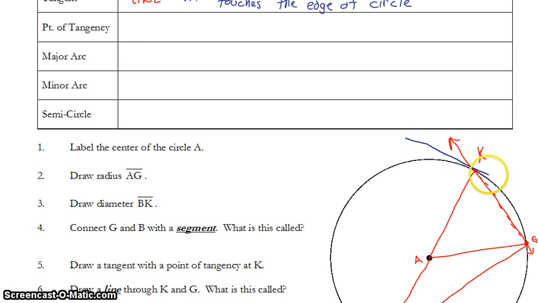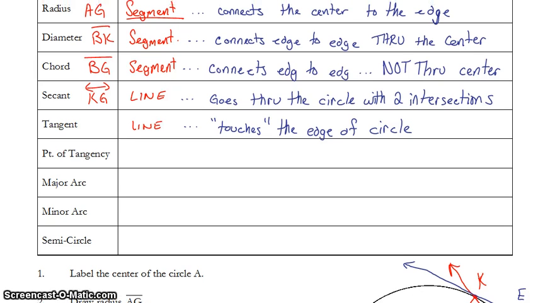At K, it touches the edge, and it keeps going past, never into the interior. Now, in order to name a line, if we remember from Unit 1, I need another point. So I'm going to arbitrarily add a point E here. And I can now name my tangent line as line KE. I need the line bar above. The point of tangency is exactly that. It's a point, and it's where the tangent touches your circle.